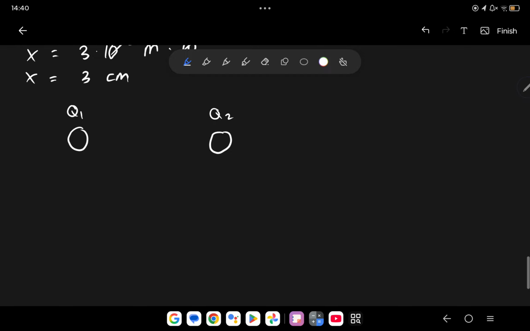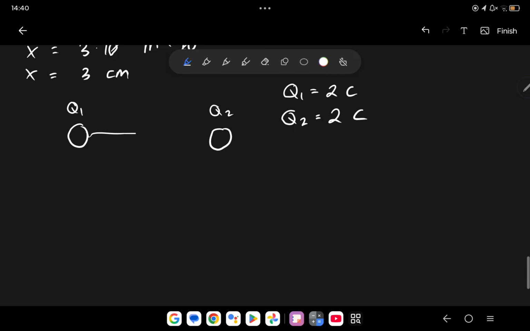Let's say that Q1 is equal to, I don't know, 2 coulombs. Q2 is equal to 2 coulombs too. And let's say the distance between these two, let's call it R12, is 1 meter. No conversions, really simple. But now, stay with me.